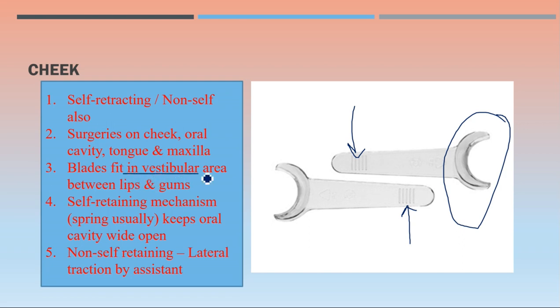They fit in the vestibular area between the lips and gums. Self-retaining mechanism, spring type, usually keeps the oral cavity wide open, whereas in non-self-retaining like this one, lateral traction by an assistant is always required.